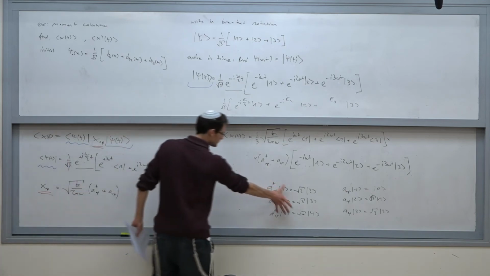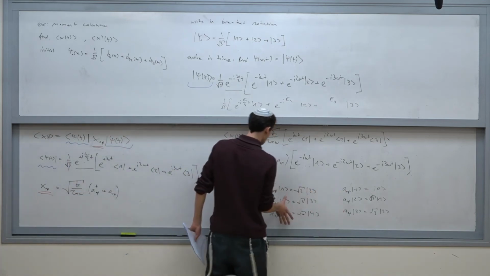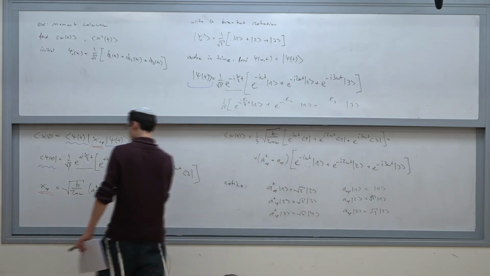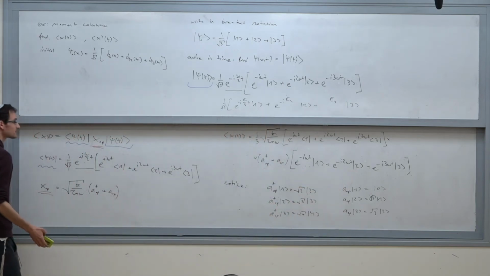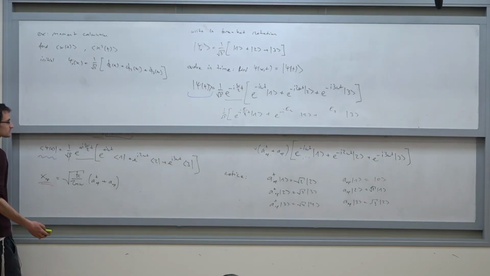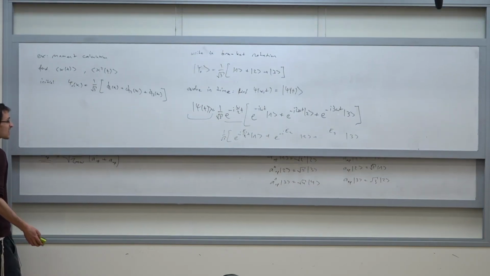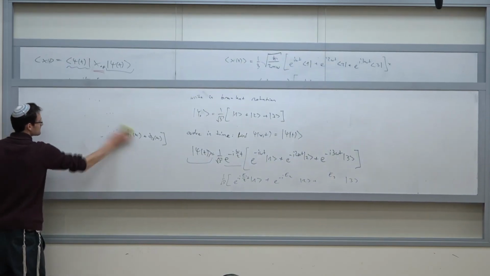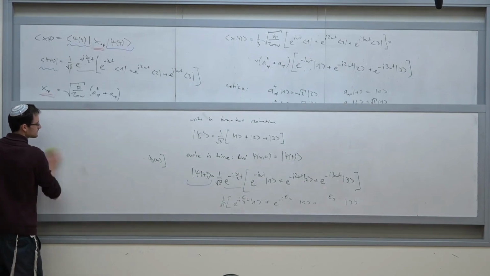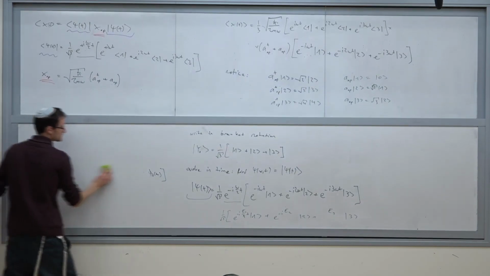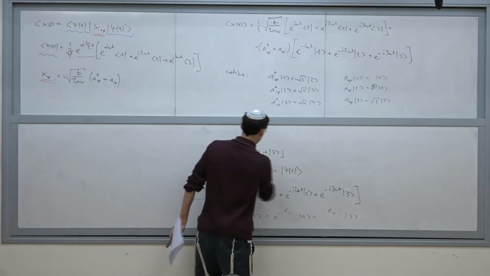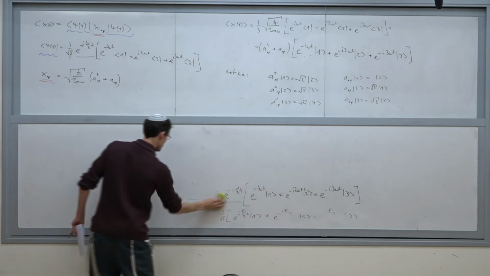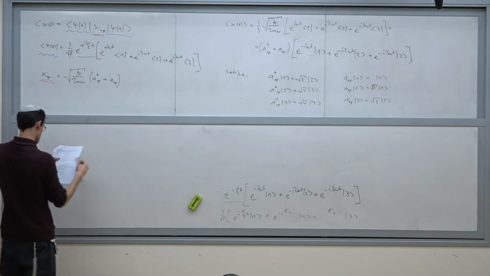All right, so let's just use these relations and multiply this by these terms. What we get are 6 terms.